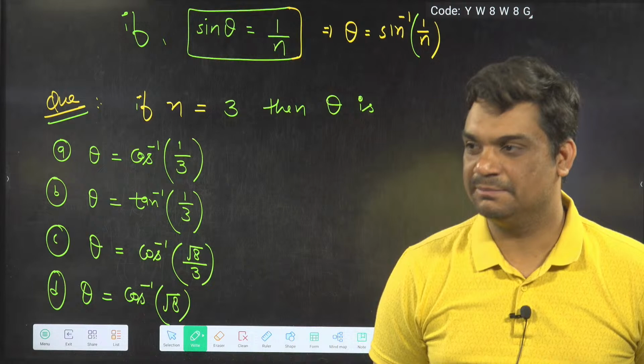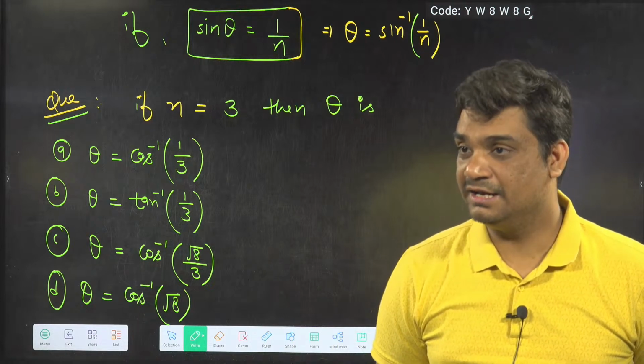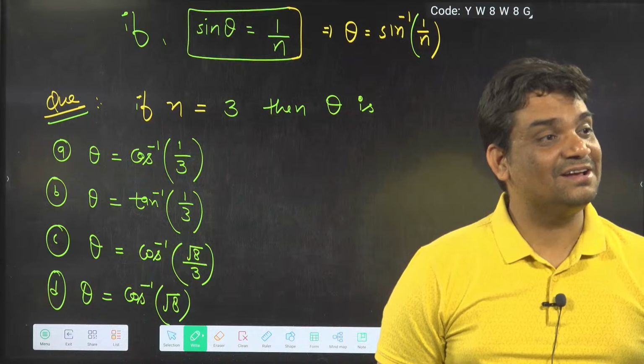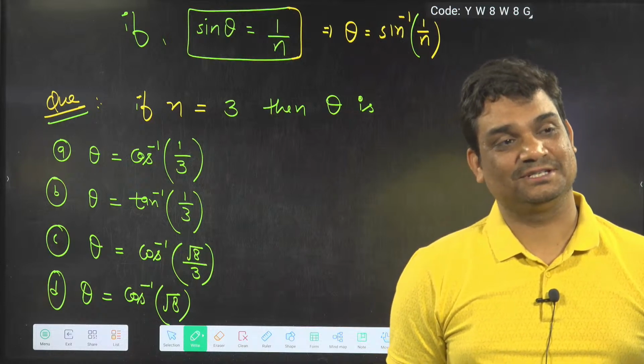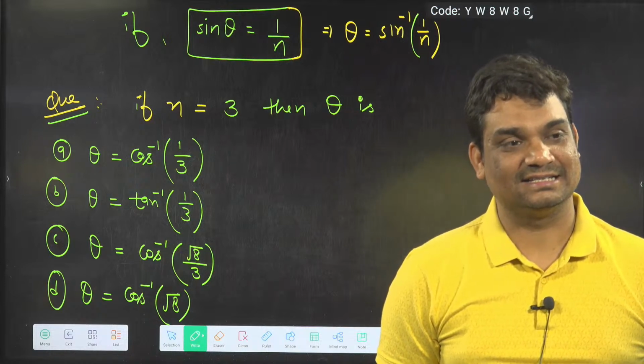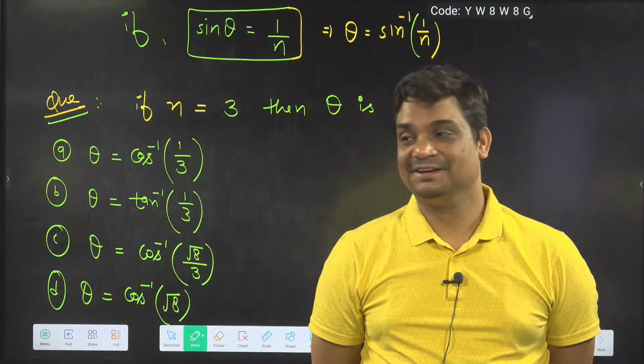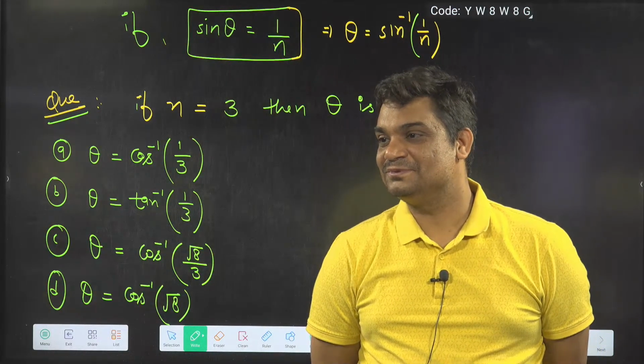Sine theta equals 1 by n, and n is 3. All are getting option 1 by 3. How is it possible? Some people are getting the correct answer, but very few people are getting it. Very poor condition.